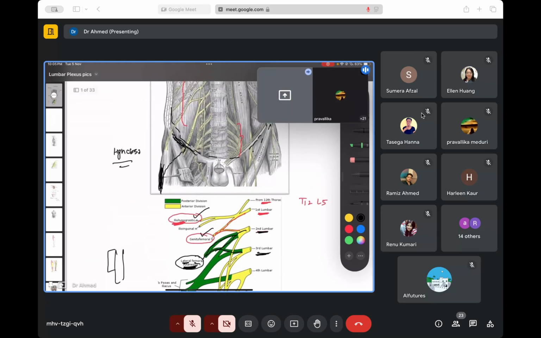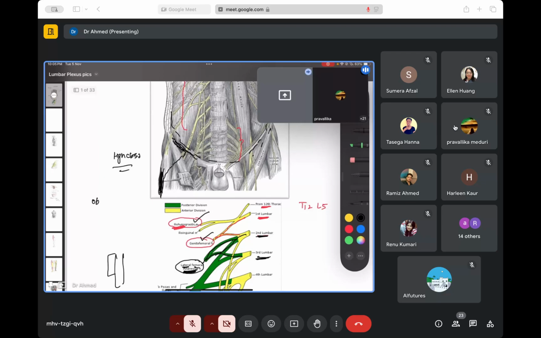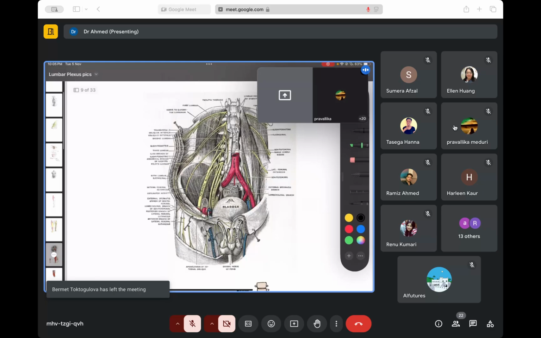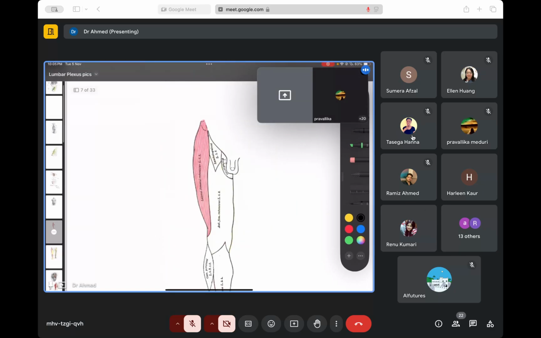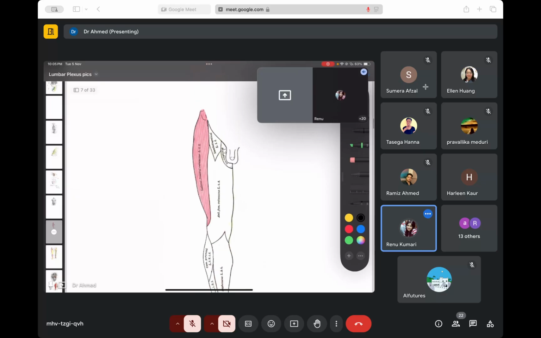So can you guys tell me which muscles the obturator nerve is going to supply? Adductors. Yes, it's going to supply all of the adductors, right? Basically in the thigh you have adductors. What's an adductor?